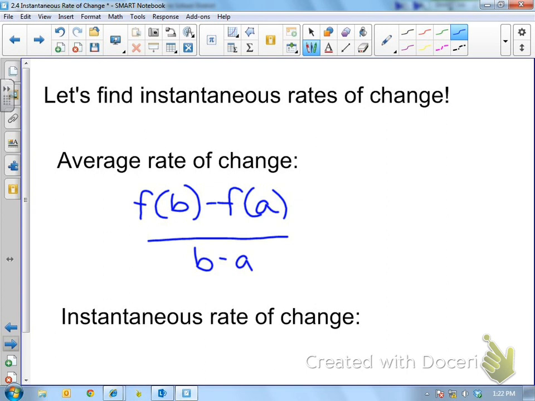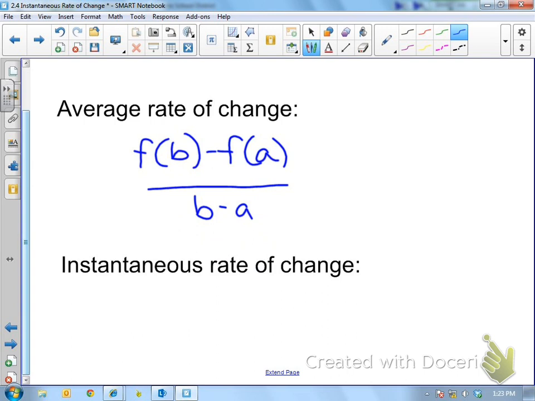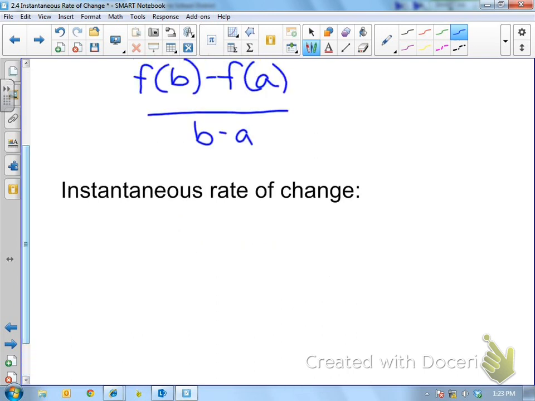Okay, so now we need to focus on instantaneous rates of change. What did we say we had to do to get an instantaneous rate of change from this average rate of change? We talked about it a little bit. Get very, very close. So when we were using B minus A, this average rate of change, we had some graph.